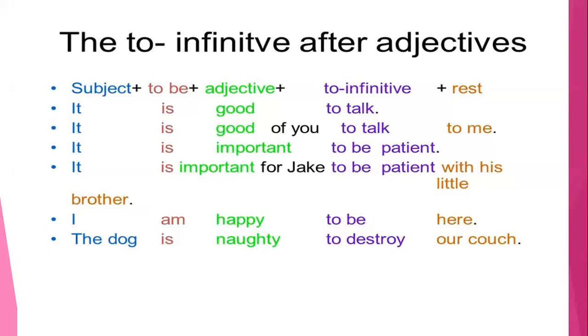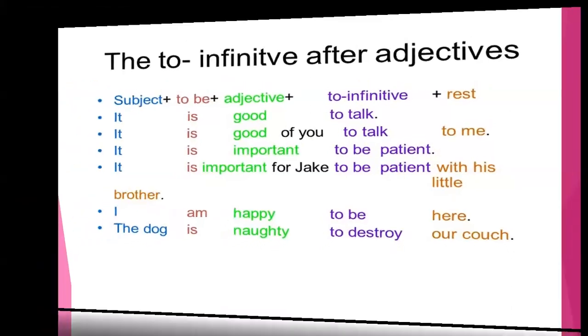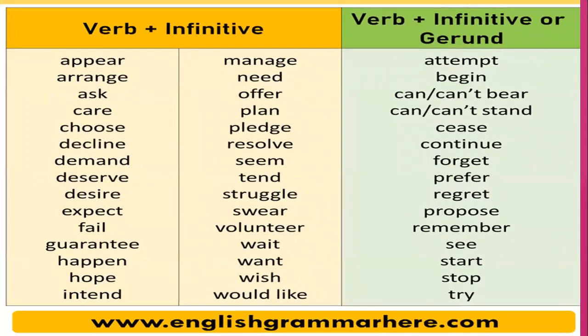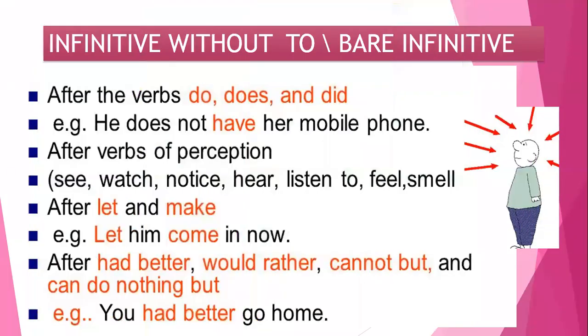Example: it's good to talk. It's good of you to talk to me. And other examples. We said that we use infinitive after definite verbs. Here we have a list of verbs after which we can use infinitive.